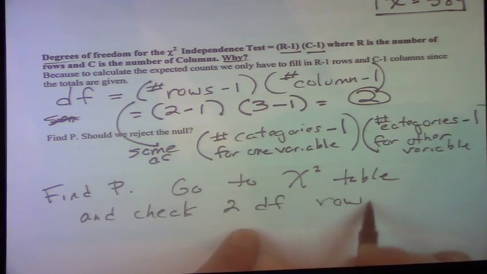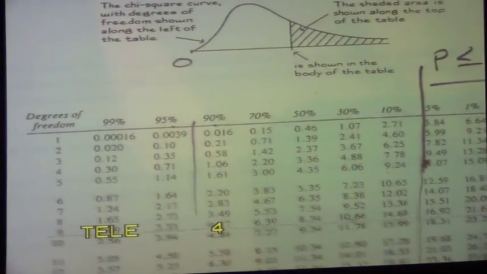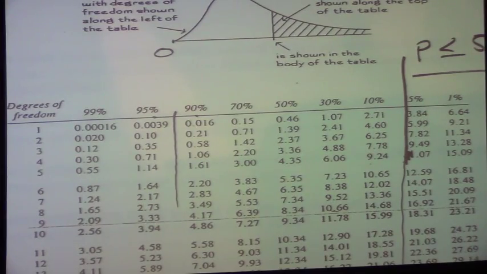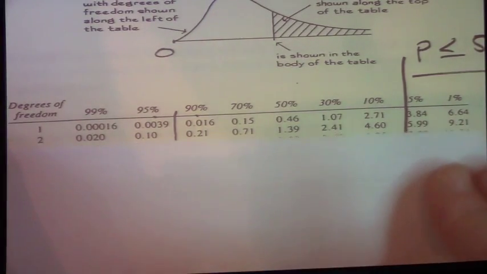Let's do it. So we go to, and this will be on your exam, on your final, you'll go to the last page of your final. It'll look like this. The only thing you need to look at is this second row here, because that's 2 degrees of freedom.